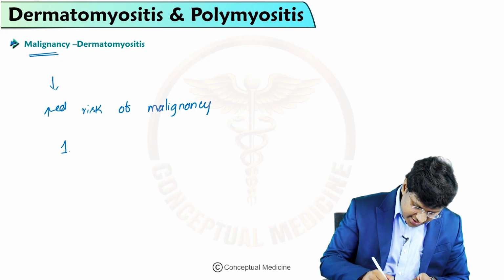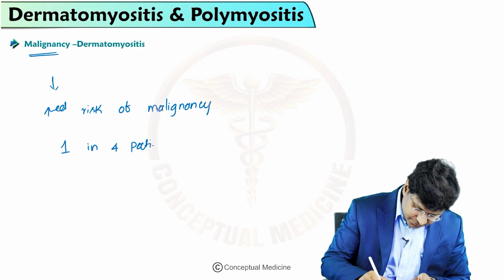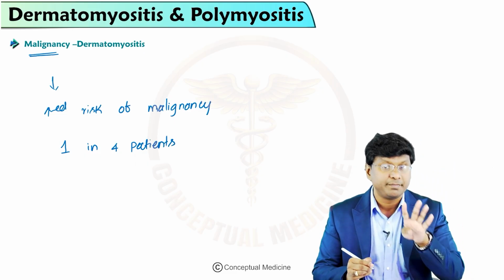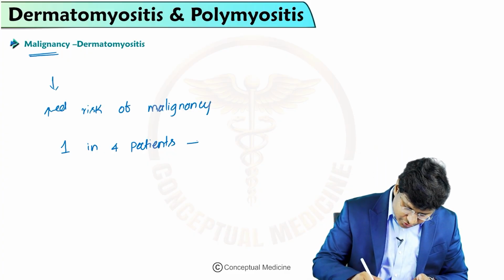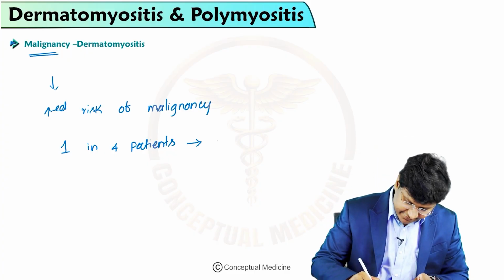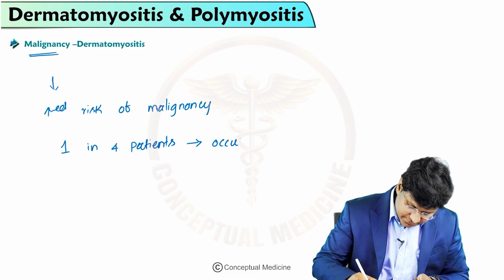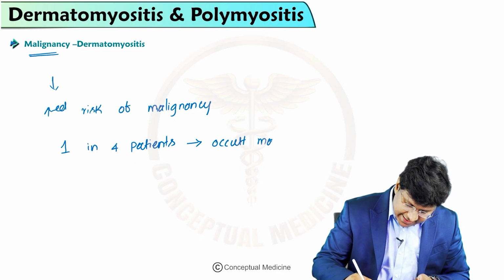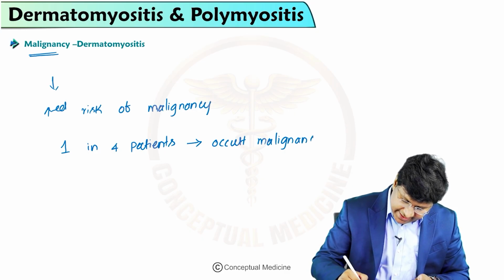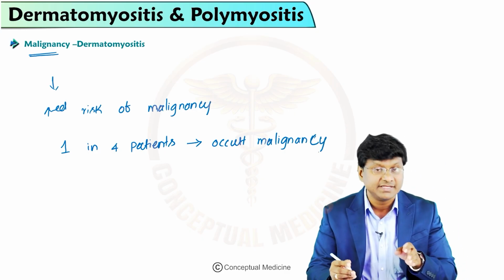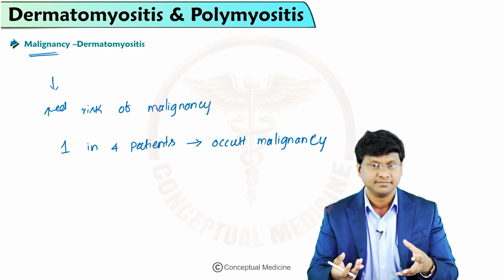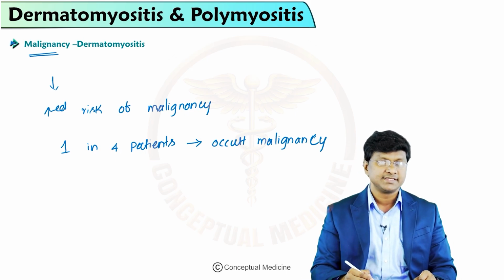So 1 in 4 patients with dermatomyositis have an occult malignancy. So what do you mean by this word occult malignancy? Occult malignancy means, occult means hidden. That is what is called occult malignancy.